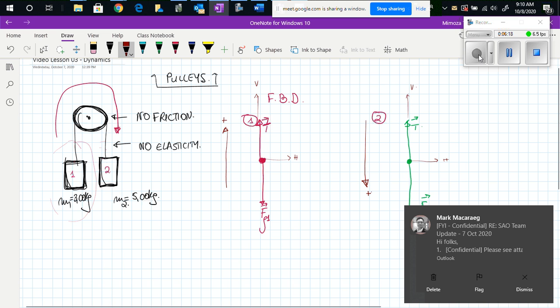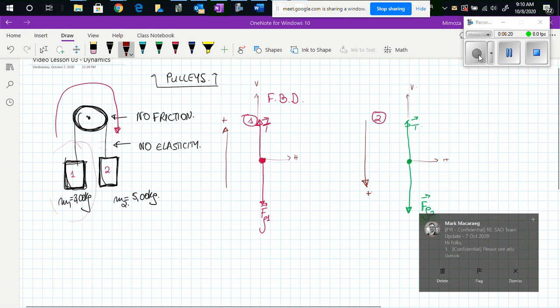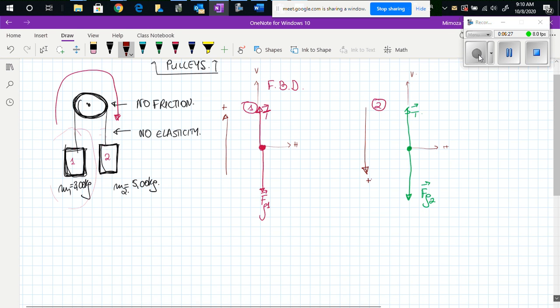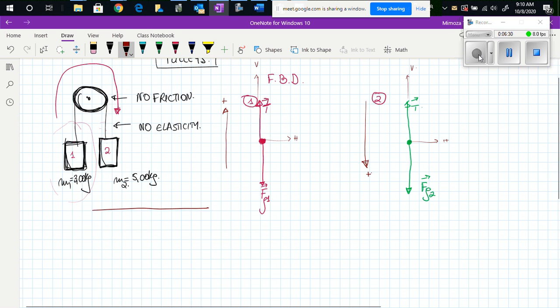Then we construct the table of components. For object 1, we will have horizontal and vertical, and the forces that we are dealing with are force of gravity 1, tension, and since there are no other forces that the object is experiencing, the force net.